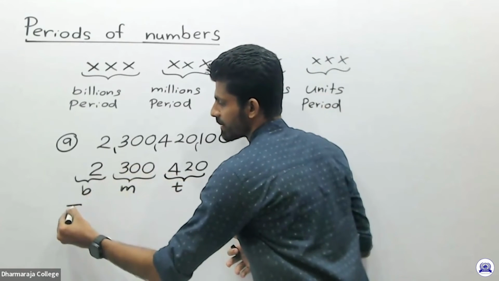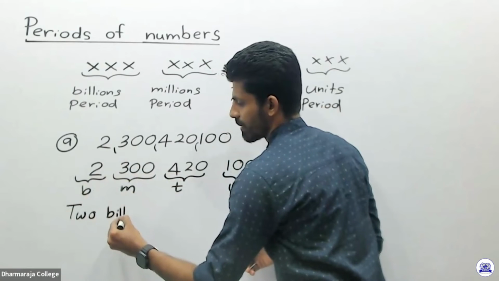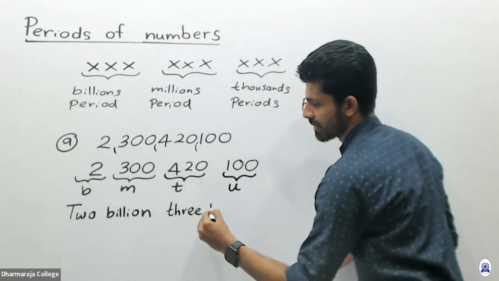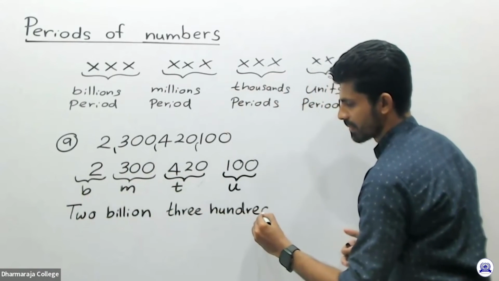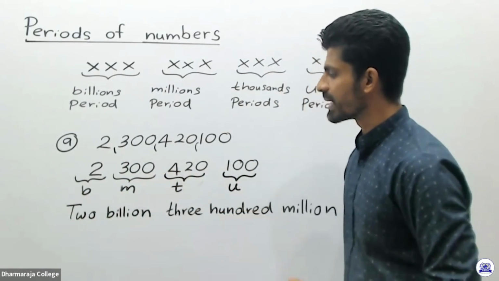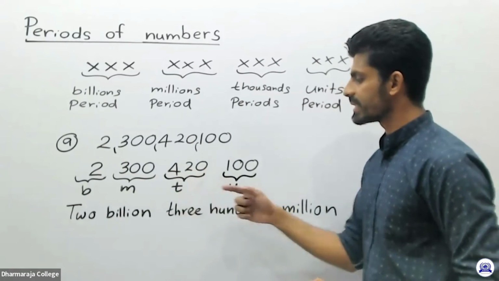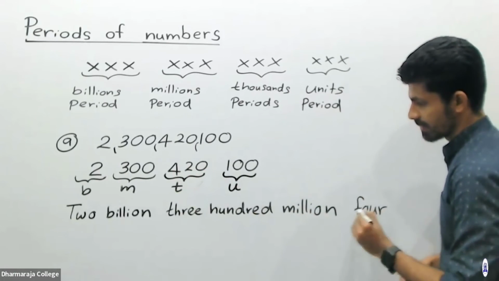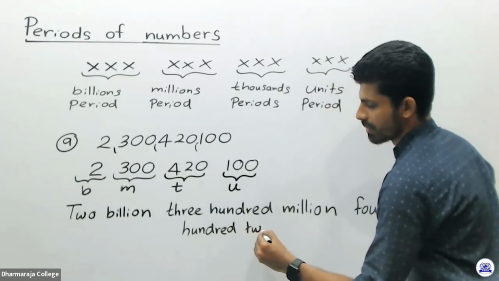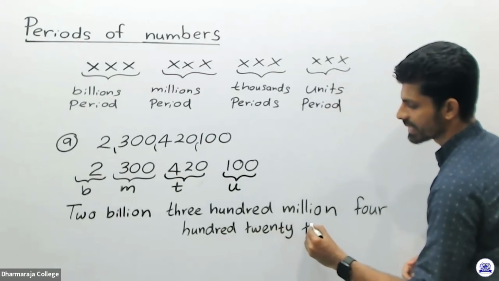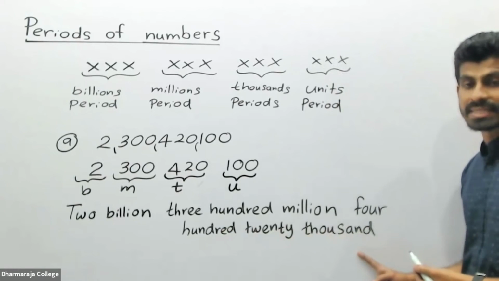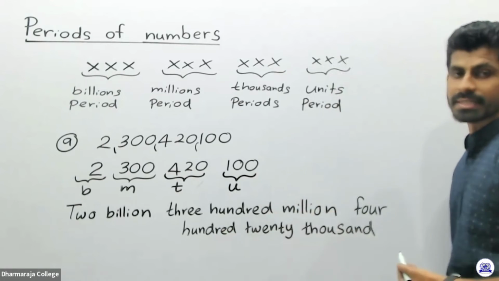2 billion, 300 million, 420,000, 100. 2,300,420,100.